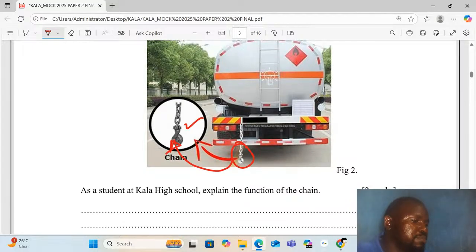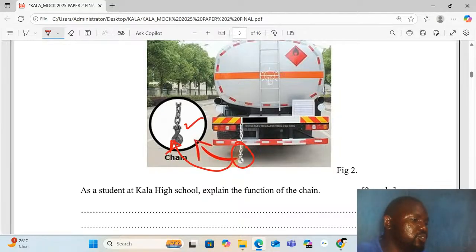This becomes an application in electrostatics 1, where you need to keep discharging electrons, because the moment you are carrying petroleum products in motion, they will cause some extra charges which may cause an explosion.